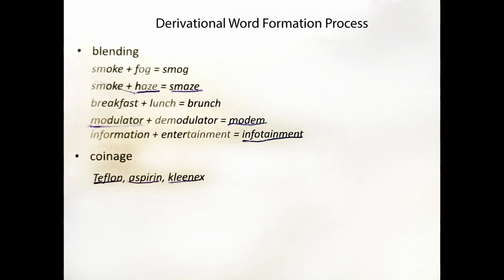I want to point out that sometimes those cut parts can be the front part of a word or the back part of a word. So it doesn't always need to be the front part or the back part that is cut off.